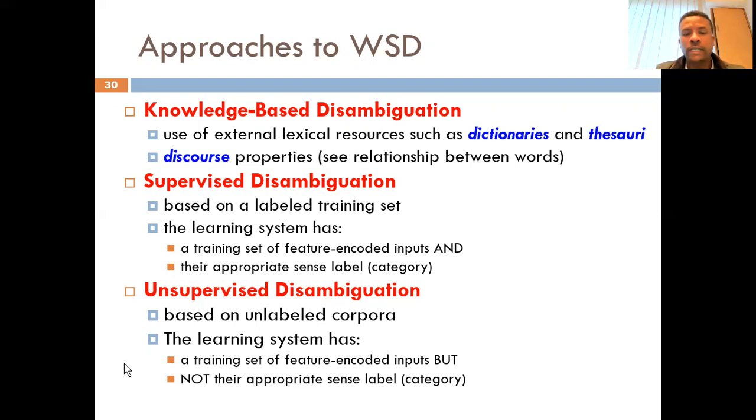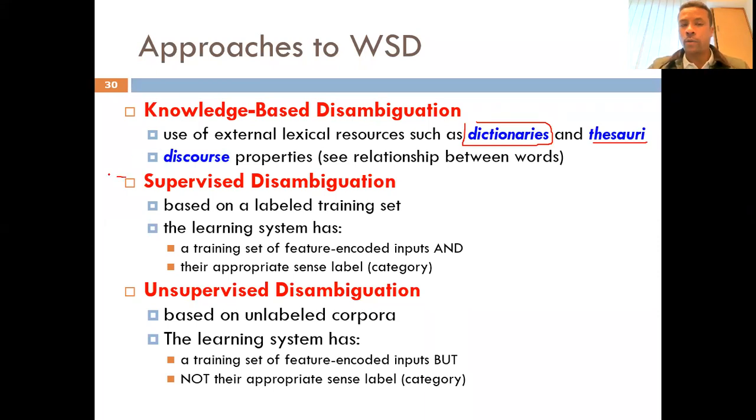In a knowledge-based approach, the knowledge is documented either in a dictionary, or in a thesaurus, or in a discourse, which means using the relationship between words. The relationship between words is knowledge that you have in a language, and a dictionary, which gives you the definition of words, is also knowledge of a language. A thesaurus is the one that gives you the synonym and the antonym of a word. So that's also a knowledge base that we have in a language.